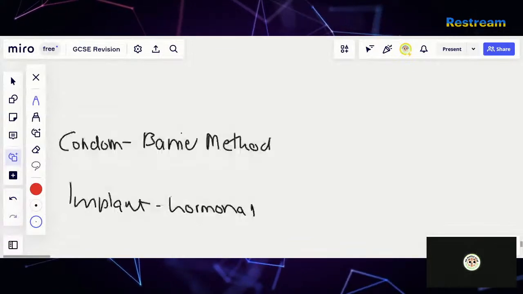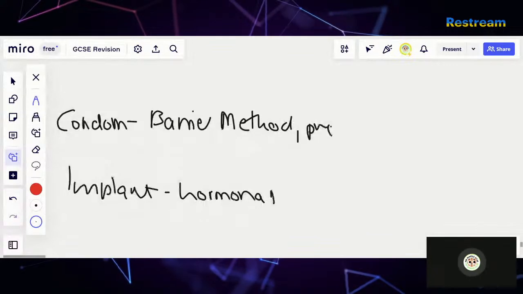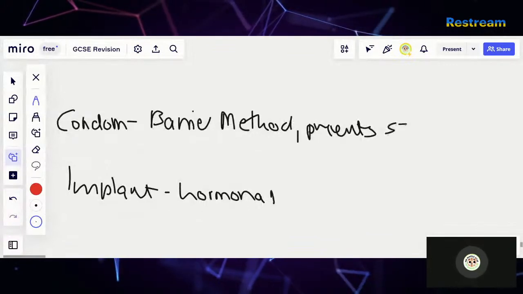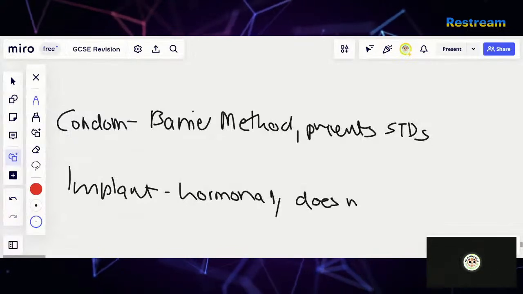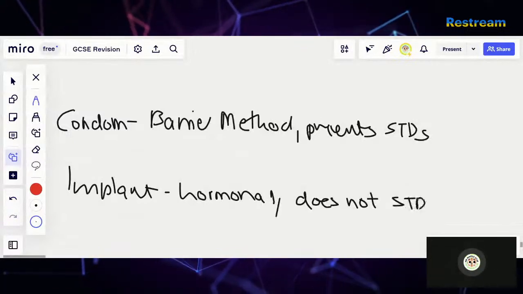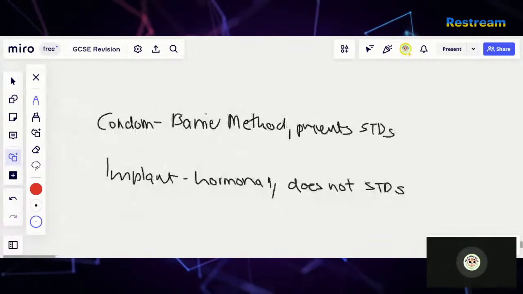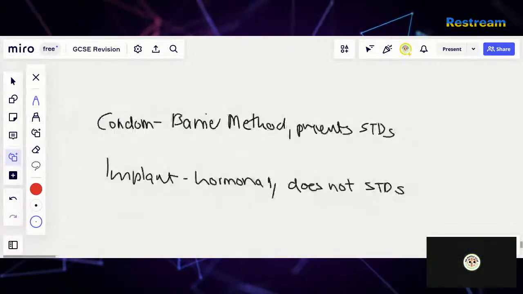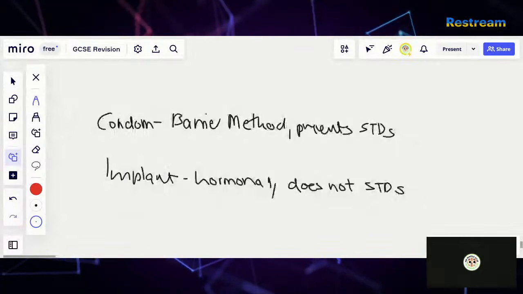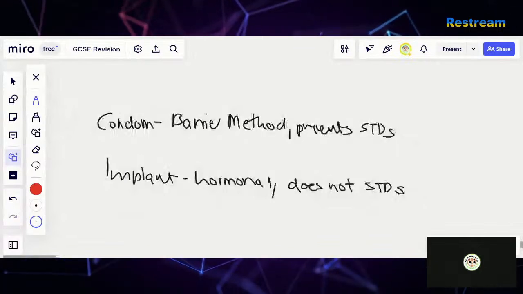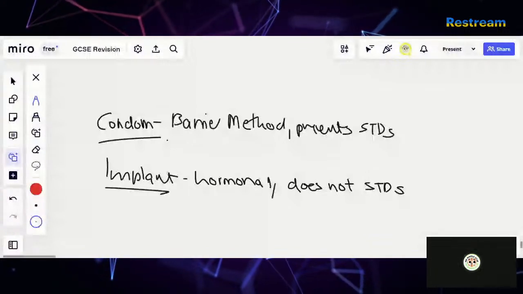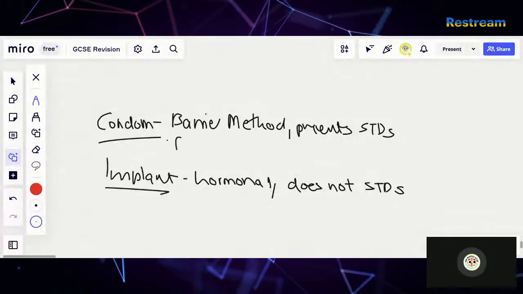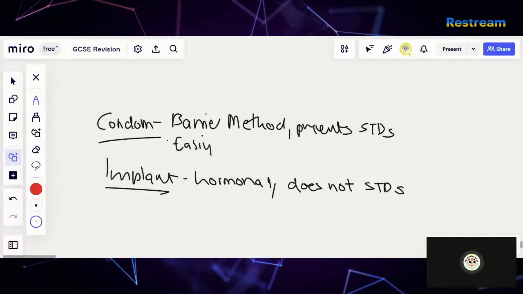Now, the condom is a barrier method, so it actually prevents against STIs or STDs, whereas implant does not prevent against STDs. In terms of the effectiveness, the condom is less effective. One issue is the fact that it can easily be damaged and fail to work.